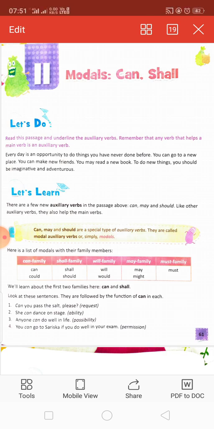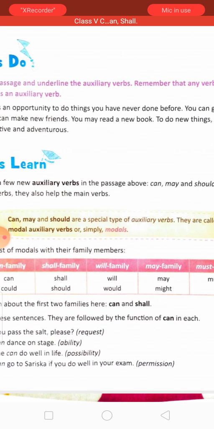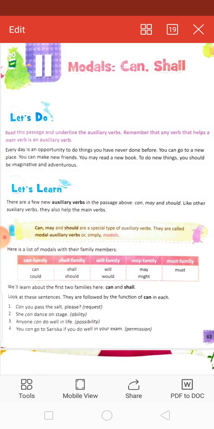Can, may, and should are a special type of auxiliary verbs. They are called modal auxiliary verbs or simply modals. Understood? These show something else I have discussed just now. They are called modal auxiliary verbs or modals.